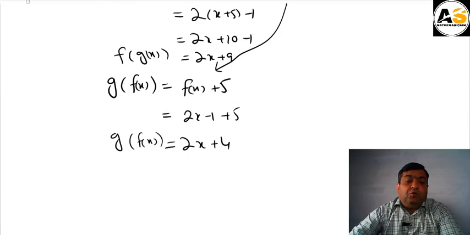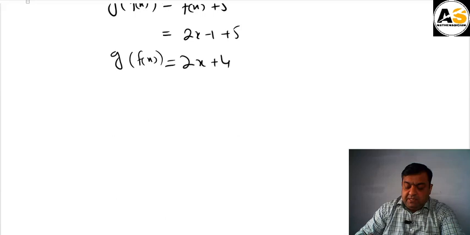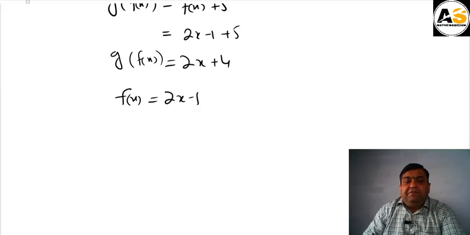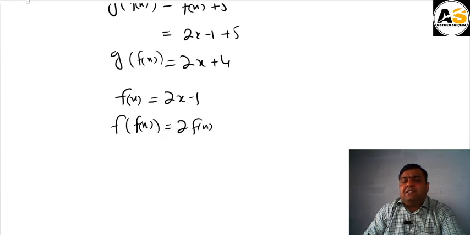Same way we can compose f on f or g on g. F of x is equal to 2x minus 1 in this question. If I say find f of f of x, so straightforward, we will replace x by f of x in this, and then we will put the value of f of x.